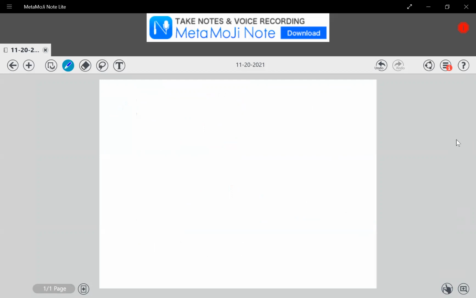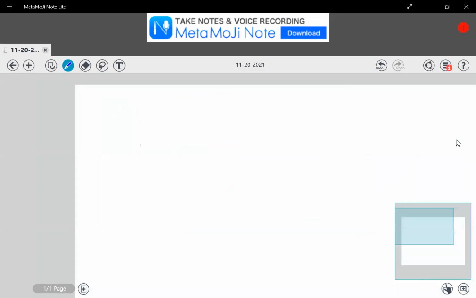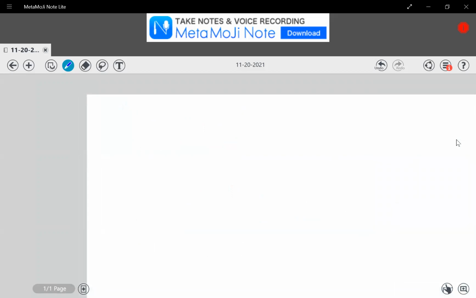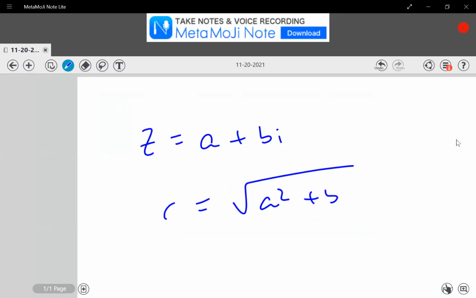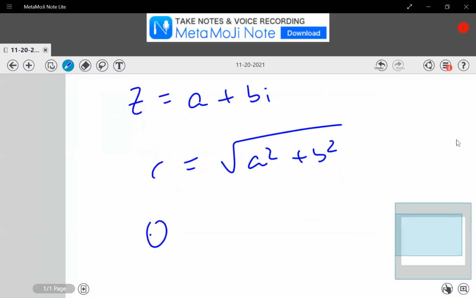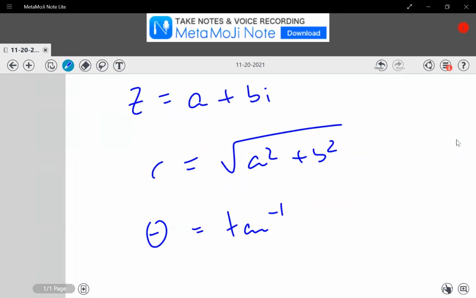fun stuff. So did we already go over expressing z in polar form? I don't think so, but I can just go over it quickly. To express z in polar form, z equals a plus bi. Oh, right, yeah. r equals, again, square root of a squared plus b squared. And now for theta, theta equals tangent minus 1 of b over a.